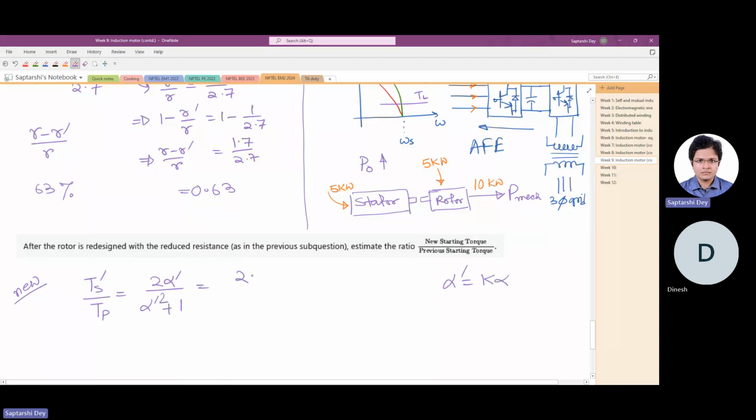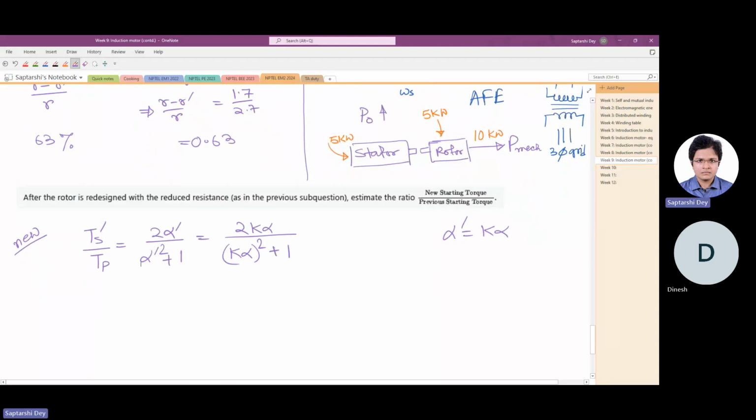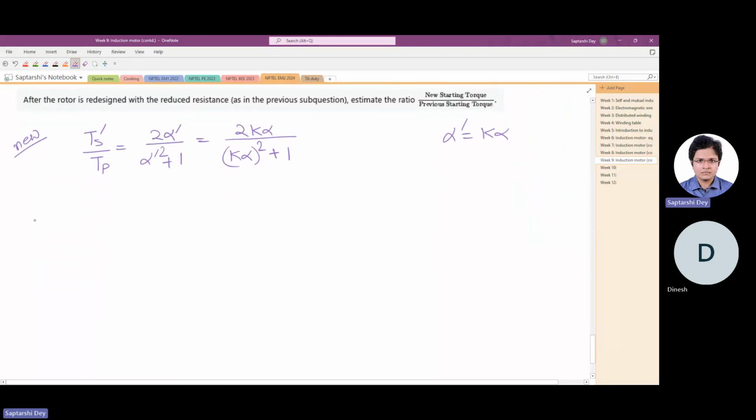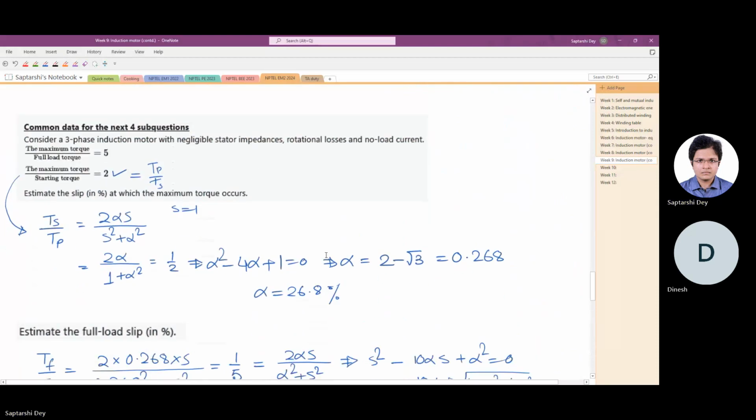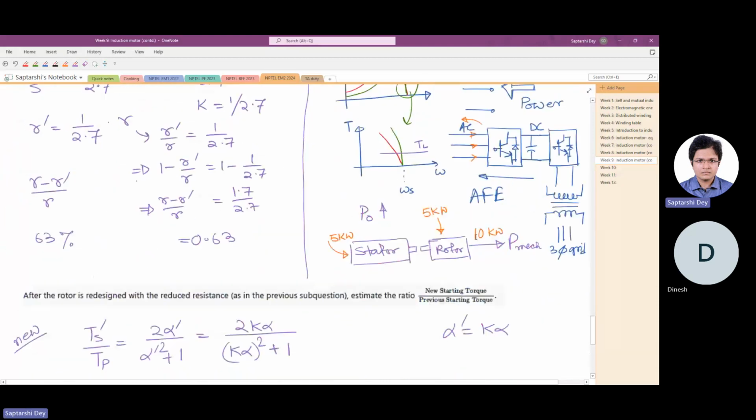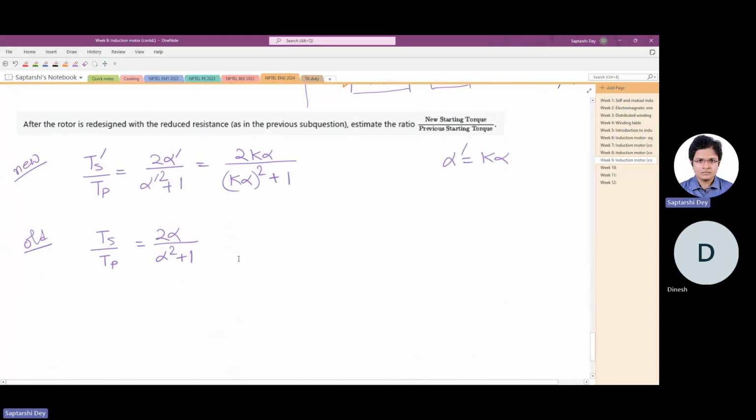So 2 k alpha by k alpha squared plus 1 is the new. And the old one, what we already have is Ts by Tp is 2 alpha by alpha squared plus 1. Alpha we know, 0.268. K also we know. So then we can find out.